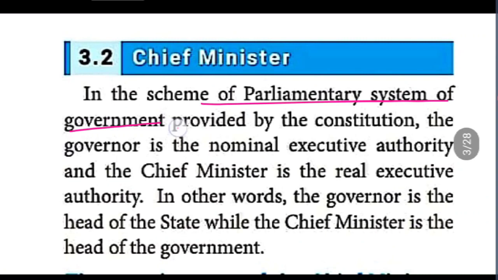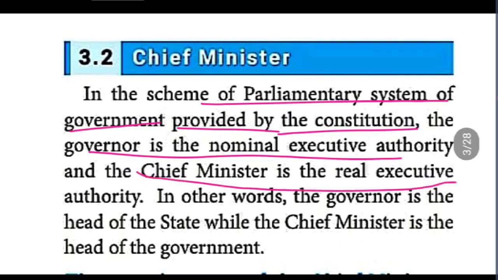Here it is given that the governor is the nominal head, the nominal executive authority. In the last class I said the governor is the constitutional head. At the same time, the chief minister is the real executive.